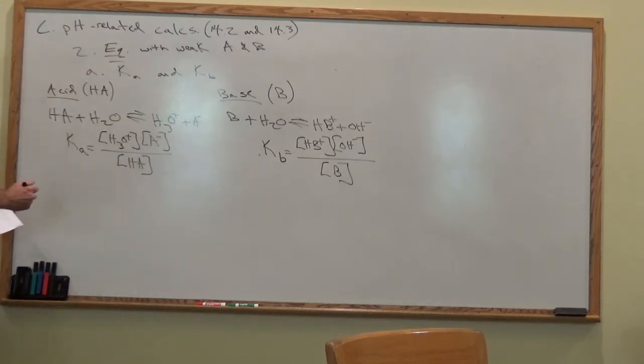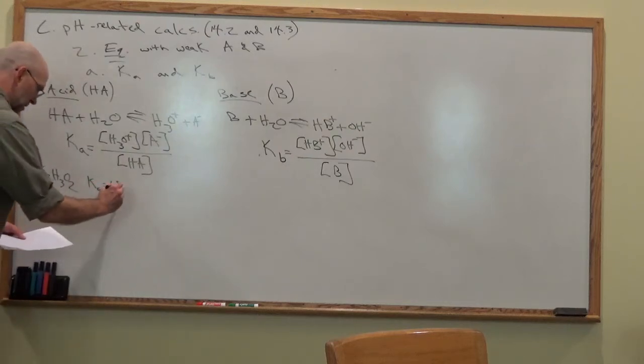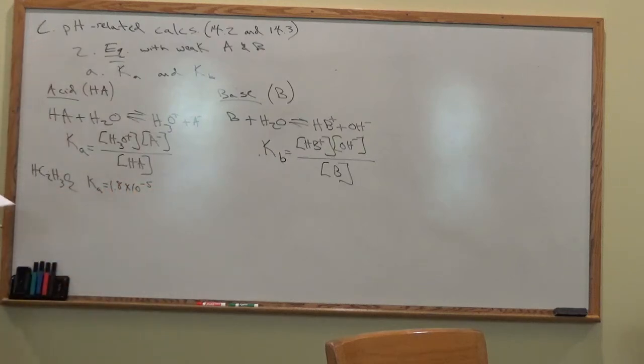I put a couple of examples here. So for HC2H3O2, that's acetic acid, Ka equals 1.8 times 10 to the minus 5. Just look it up, make sure you can find that.